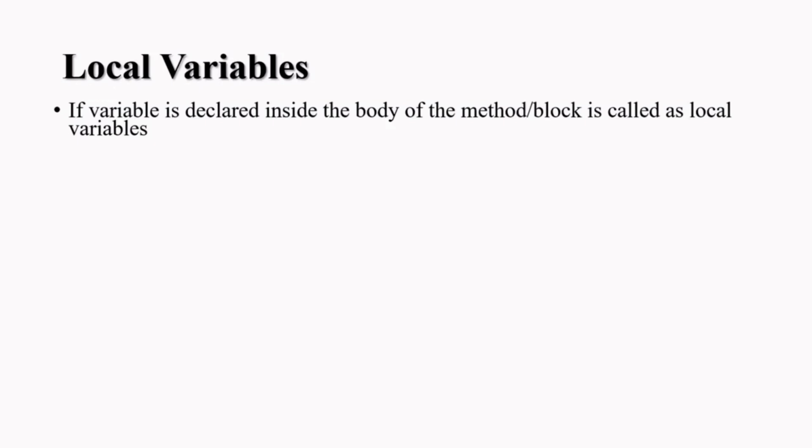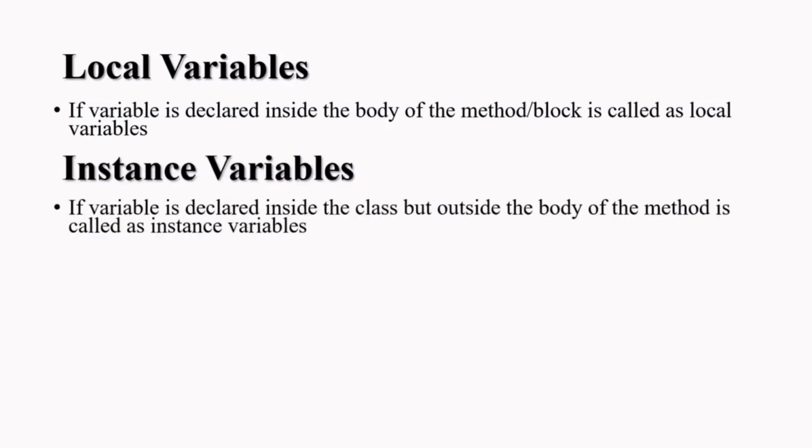Other methods don't know about this variable. And instance variables: if a variable is declared inside the class but outside the body of the method, it is known as an instance variable.